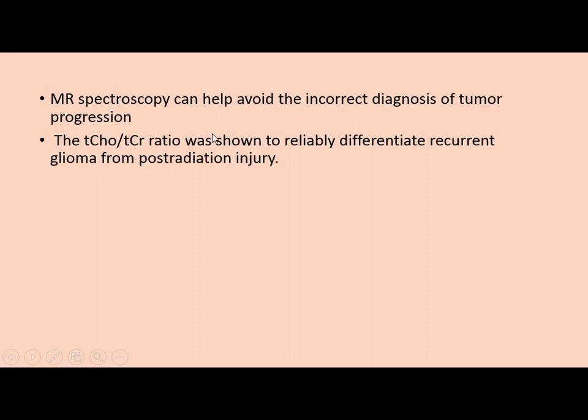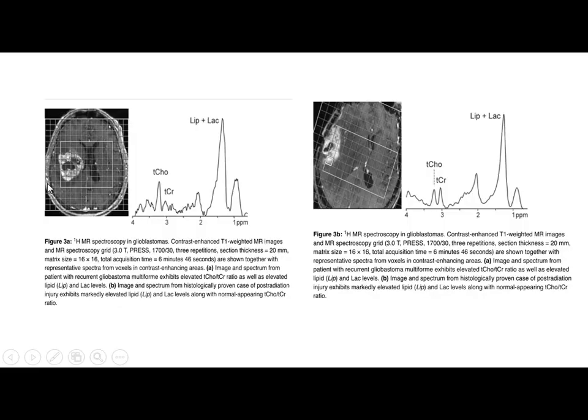The choline creatine ratio was shown to reliably differentiate between recurrent glioma and post-radiation injury, and this is a very important issue. As in this example, by imaging these two areas, they are both histologically proven. This is a case of recurrent glioblastoma multiforme, and this is a case of radiation injury.